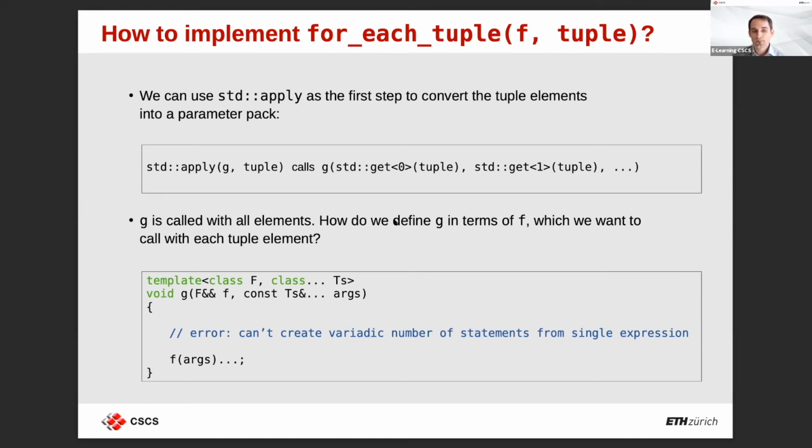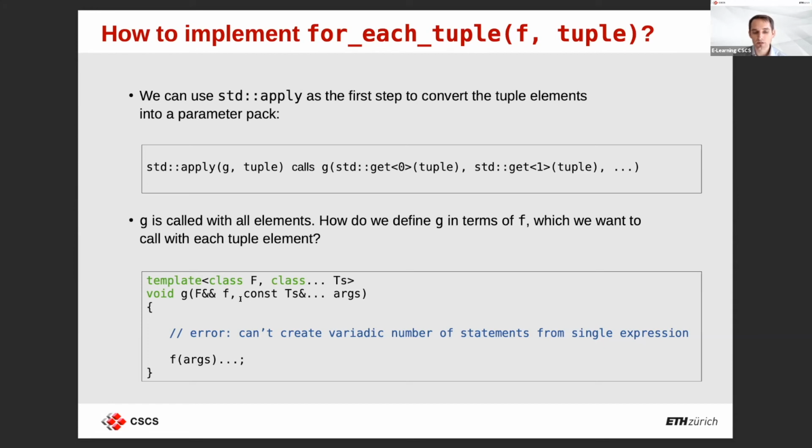And now this reduces the problem to finding a way to implement g in terms of the function f that we want to call on all the elements, and then apply that to all the arguments.